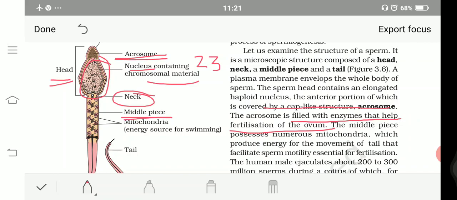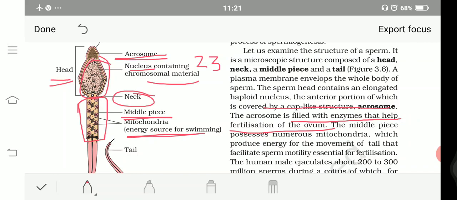Next to the neck region, they have the middle piece. So, students, the middle piece is a region which is rich in mitochondria. You can see here many small network-like structures. These are basically the energy source so that a sperm can crawl and move easily inside the body of the female.